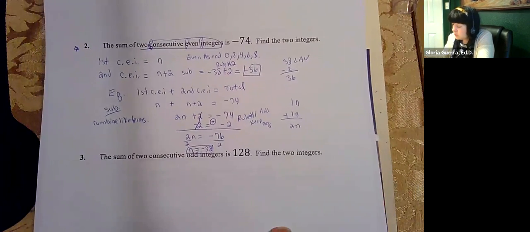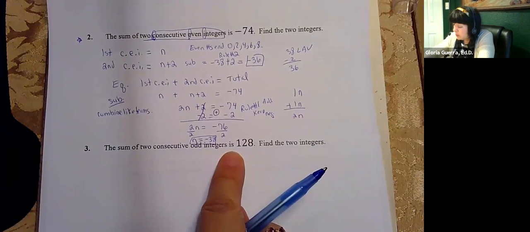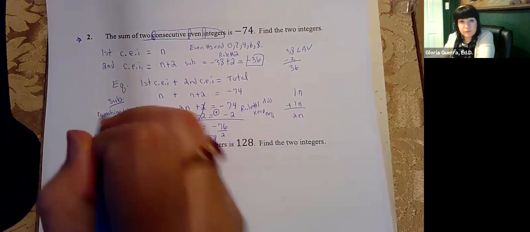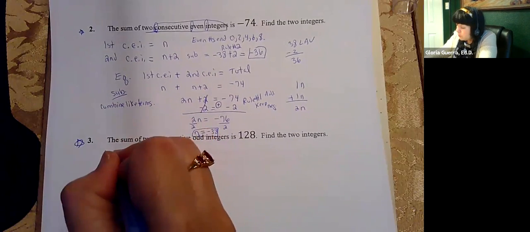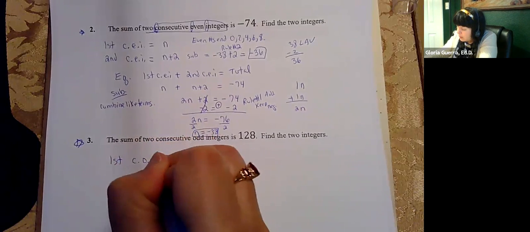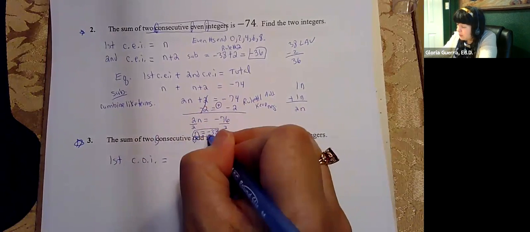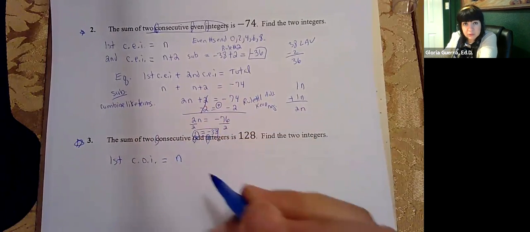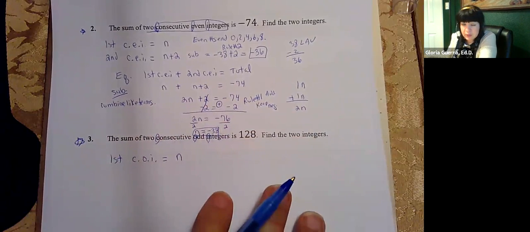Okay, now let's do this one. The sum of 2 consecutive odd integers. So again, you only have 2 of them. When you're labeling, first COI, and that's going to be n. All these for consecutive even, consecutive odd, they all start with n.